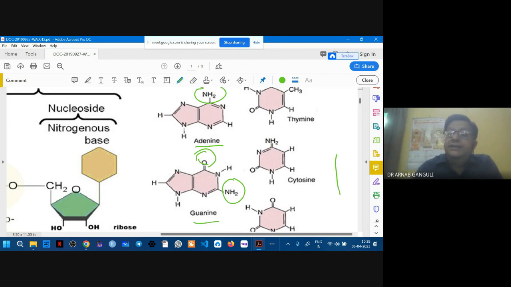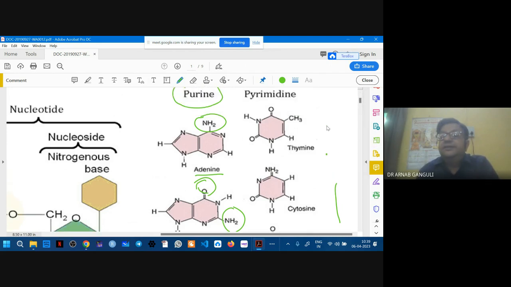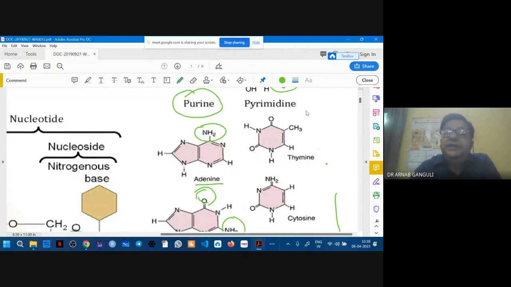And you have pyrimidines, the bases. They can be thymine, this is a single chain thymine, or cytosine. This is in the case of DNA.